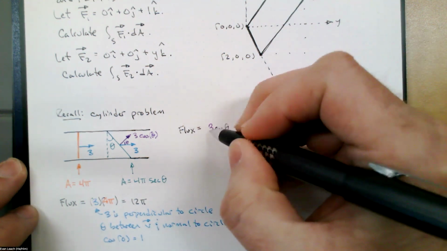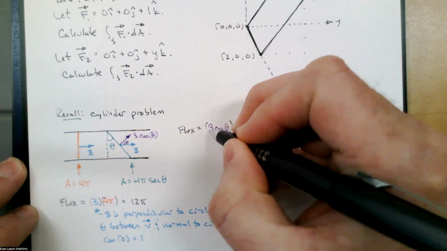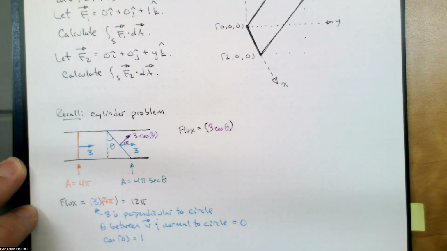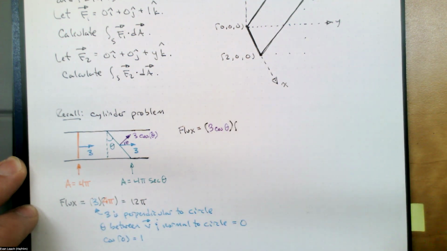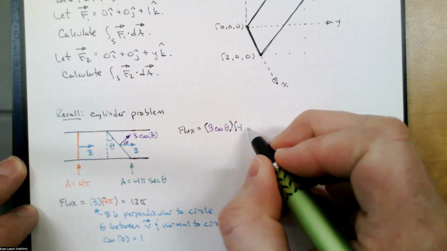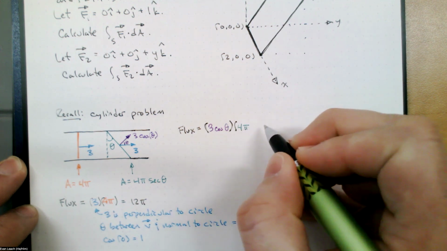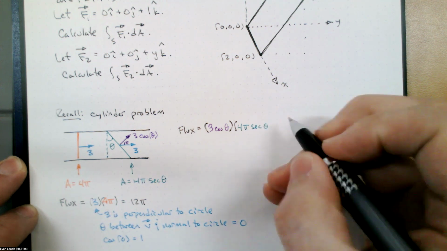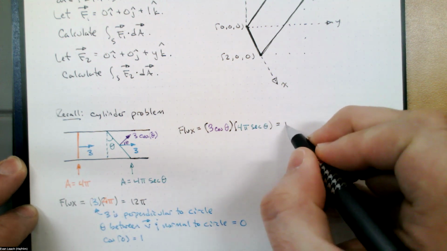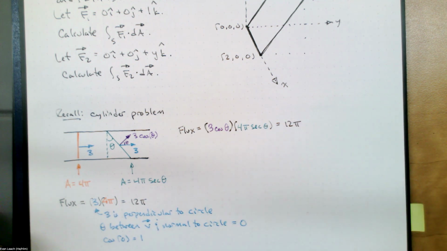That's the velocity perpendicular through the ellipse. And then we'll multiply that by the area, which has increased by a proportional amount, 4 pi times the secant of theta. The volume of water going through the pipe is not going to change because of how we measure it.